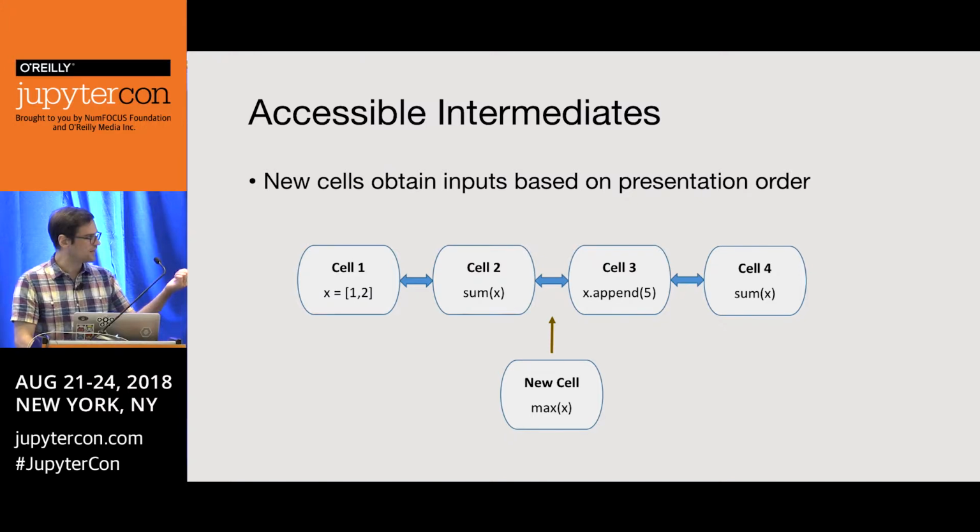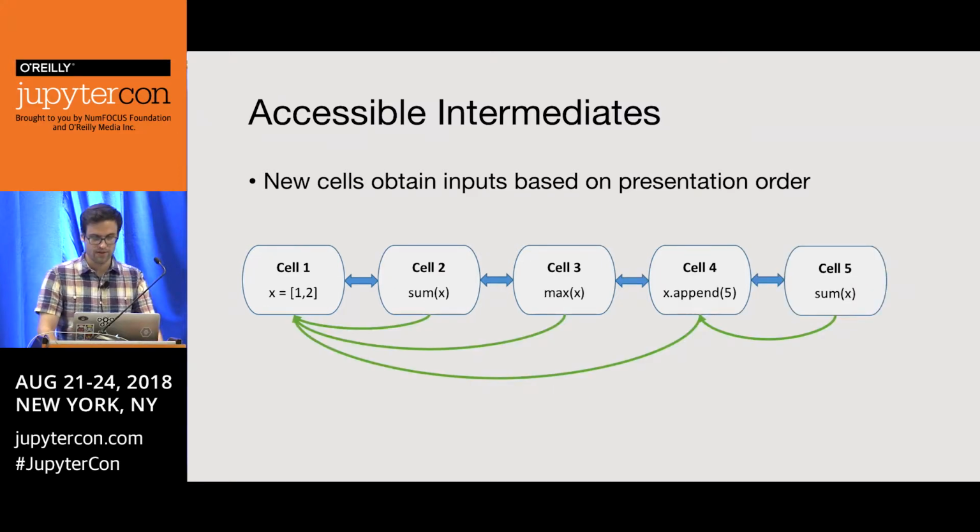Suppose I have this new cell to calculate the max of x, and I put it in here between cell 2 and cell 3. Then we just stick it in there, shift the other cells down, and match up the inputs appropriately. So here we'll get the value of x from cell 1 as you would expect, from the linear execution order.